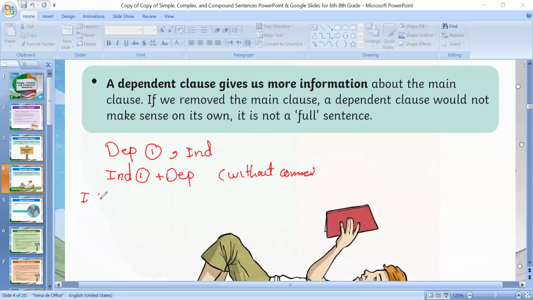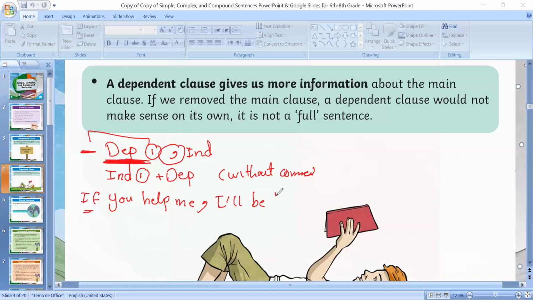Look at these two examples. If I said, if you help me, now I started with a dependent clause as sentence number one, or no? Yes, because "if you help me" is a dependent clause. It's a subordinate clause. So as long as I started with the dependent clause, always use what in the middle? Comma. If you help me, I'll be happy.